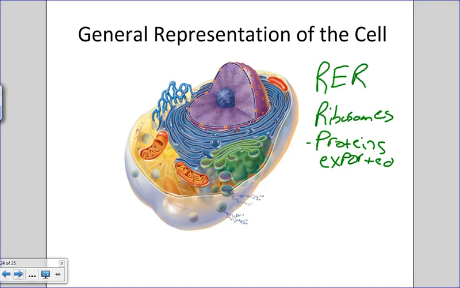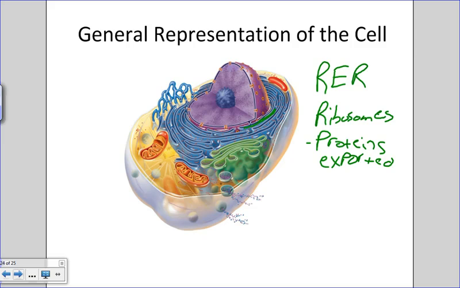You'll notice that the rough endoplasmic reticulum has a lot of folds. It's a very folded type organelle, and as it folds like this, it allows us to conserve and save space. So we can store a lot of ER within the cell. That's all you really need to think about this.